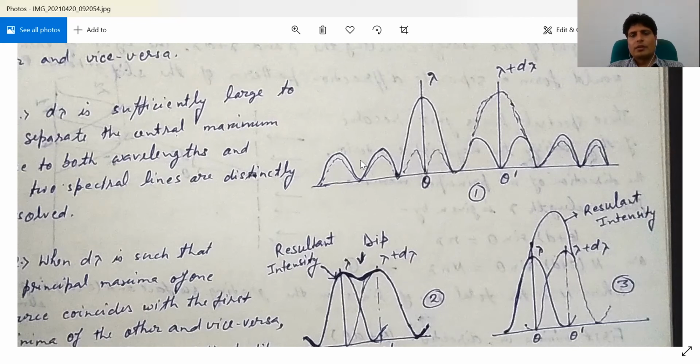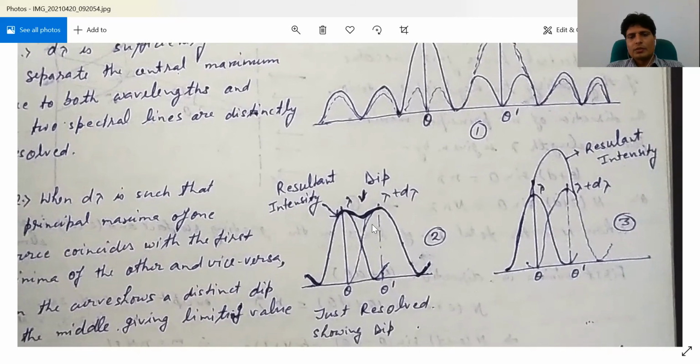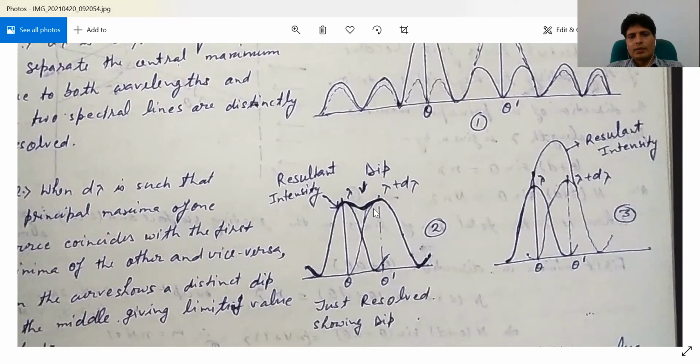As you can see from the figure, in place of two peaks you will see only a single peak. So these two peaks are called just resolved.